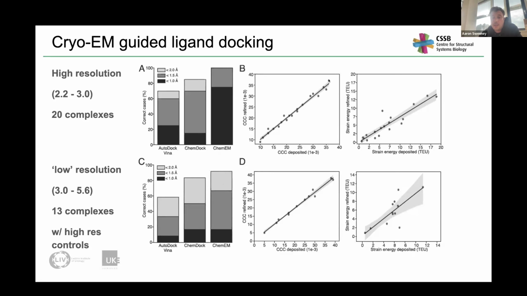However, for the ChemEM solutions, the ligand strain energy in the high resolution benchmark was a lot lower than the deposited solution. For the low resolution, the situation was less clear, but I guess that's low resolution. Sometimes ChemEM solutions were less strained, sometimes the deposit was less strained.